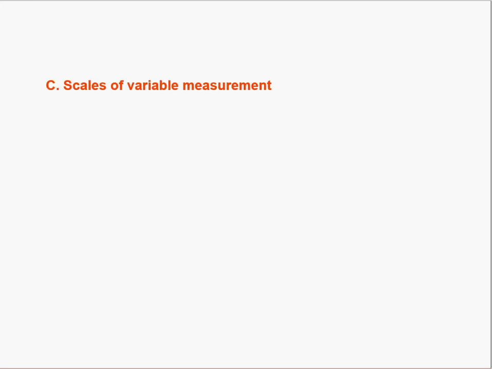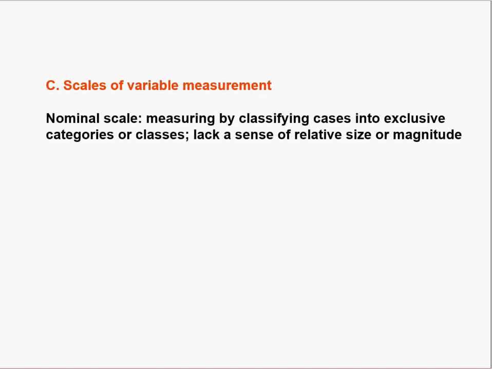So in addition to different types of variables, you also have so-called scales of variable measurement. Nominal scale measurement refers to variables that you can put into different categories or different classes. Male, female is an example of a nominal variable.